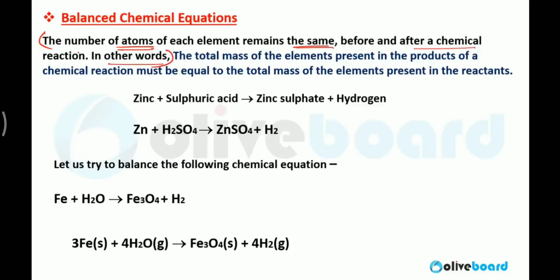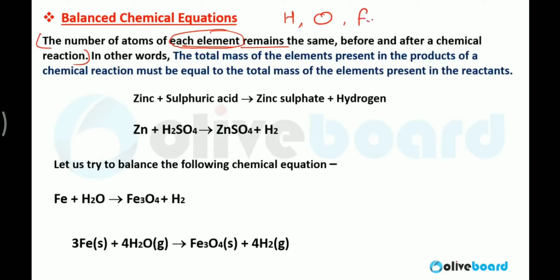Let's say there is hydrogen, so the number of hydrogen atoms in the reactants and in the products should remain equal. Similarly, if we talk about oxygen, the number of oxygen atoms in the reactants should be equal to the number of oxygen atoms in the products.